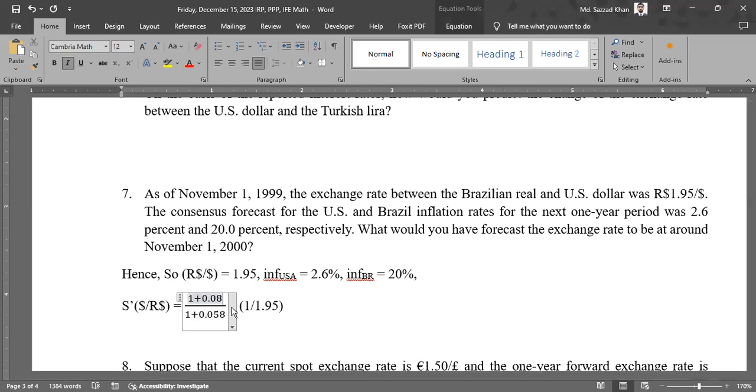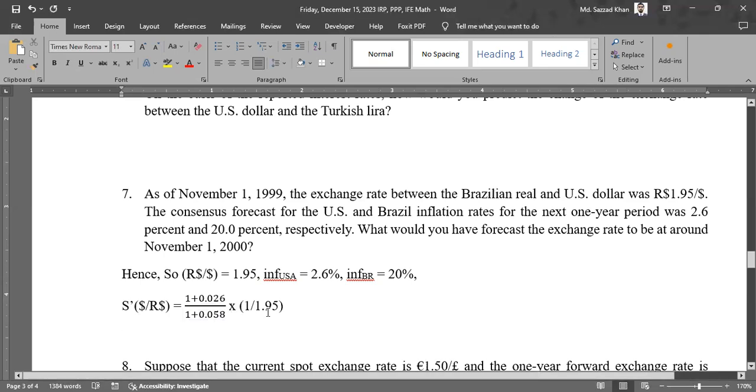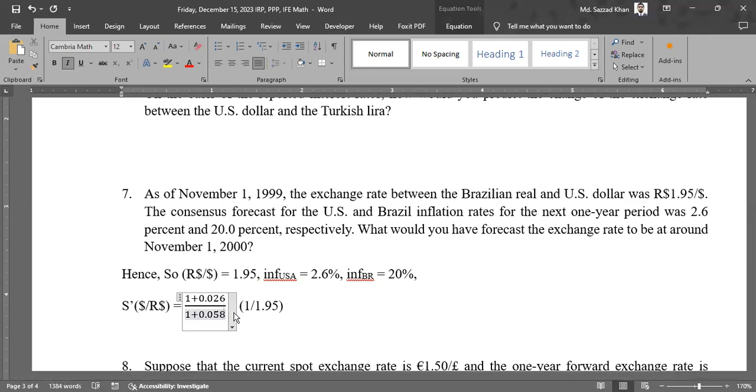So what is the inflation differential for the US market? It's 0.026 to 0.2.